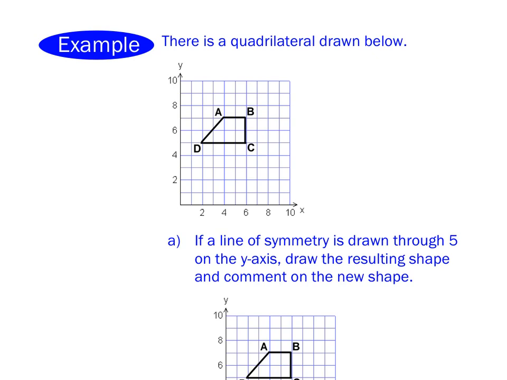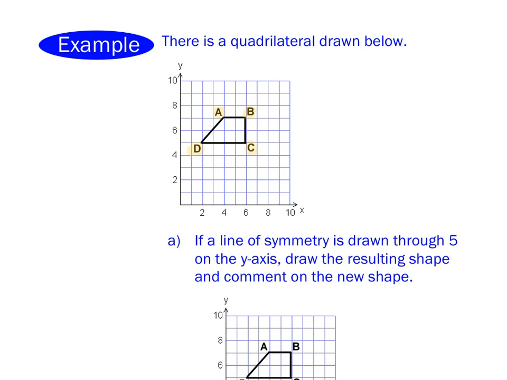Also, when we draw a shape and the shape has corners or points, we put labels at those corners, and you can see we did that here. This is A, this is B, this is C, and this is D. We're going to be doing some reflections of this quadrilateral, and when we do that, we're going to also use that same idea where we label the corners or points or vertices of these objects.